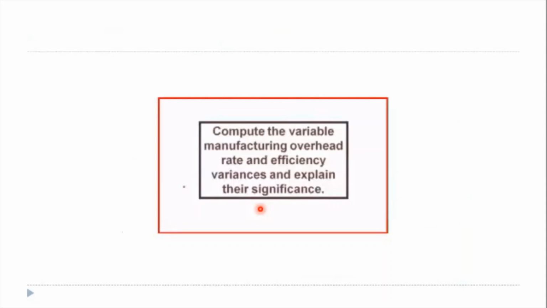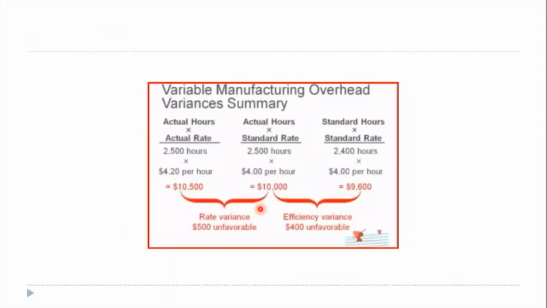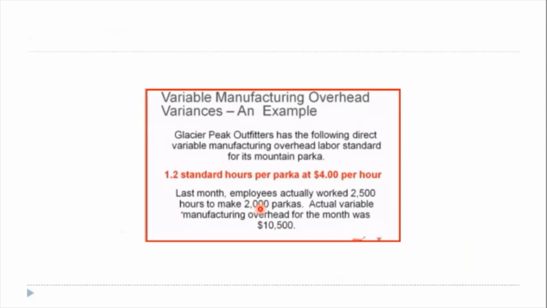To compute the variable manufacturing overhead rate and the efficiency variances, I missed a slide there. Right. We have Peak Outfitters has the following variable manufacturing overhead standard for its mountain packer: 1.2 standard hours per packer at $4 per hour.